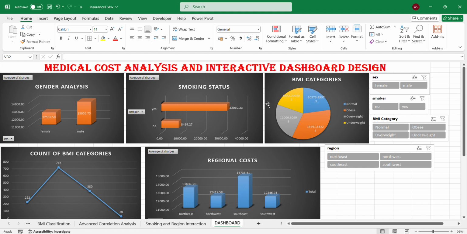Likewise with smoking, non-smokers have fewer charges, so there is also an indication that smoking should be reduced.